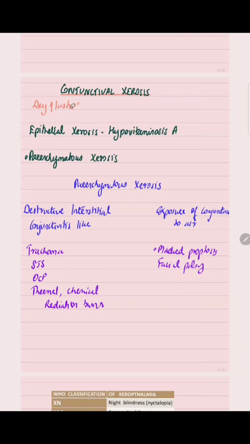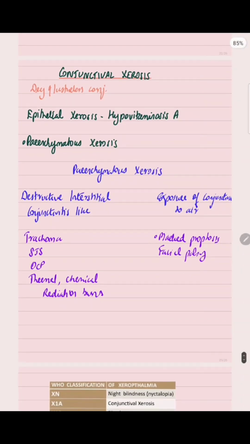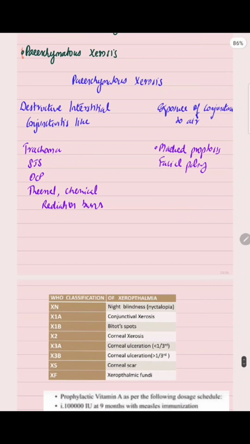Types: epithelial xerosis, due to hypovitaminosis A, and parenchymatous xerosis. Parenchymatous xerosis can be due to destructive interstitial conjunctivitis like trachoma, Stevens-Johnson syndrome, ocular cicatricial pemphigoid or pemphigus, prolonged beta use, thermal, chemical or radiation injury, or diphtheritic membranous conjunctivitis.